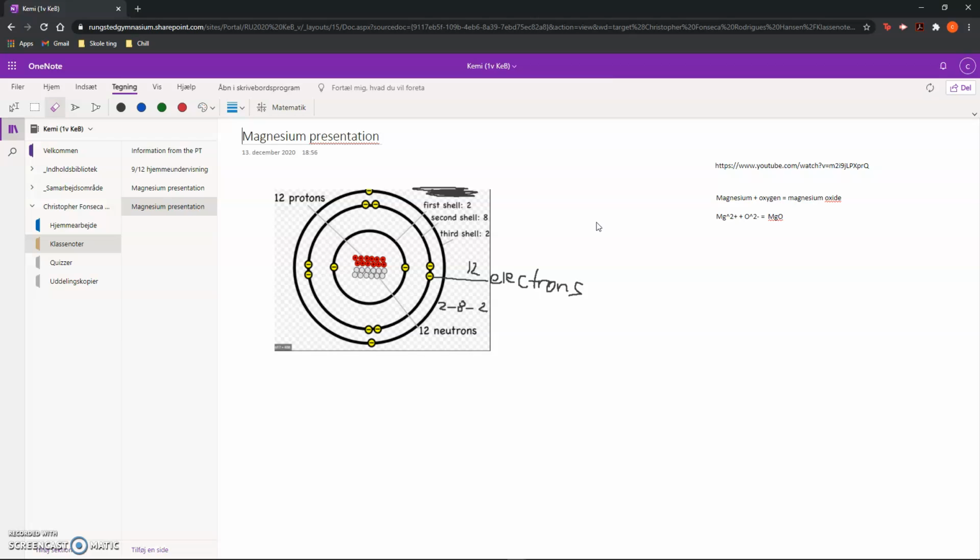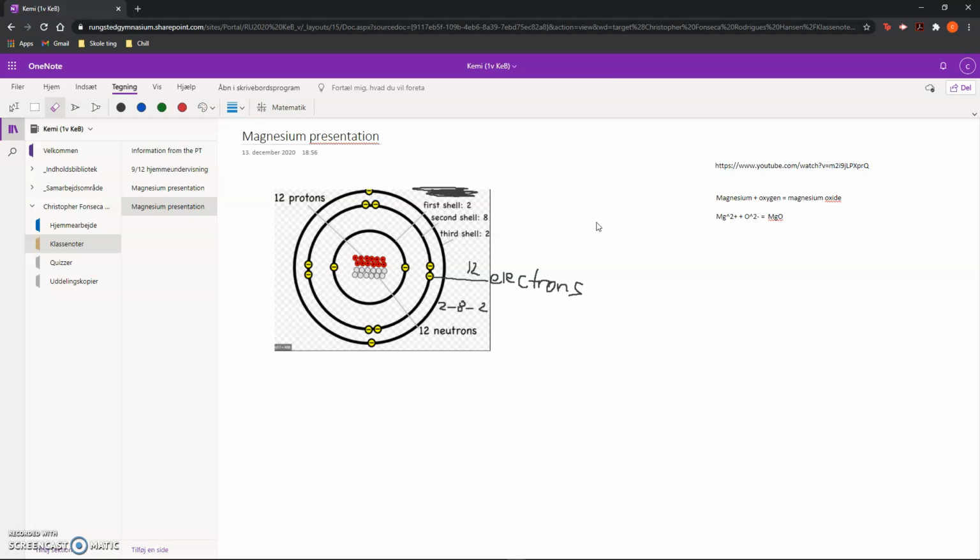So the element magnesium has 2 other isotopes. It has magnesium 24, which is the one itself because it's the atomic mass. Then it has magnesium 25 and 26. The difference between all these 3 is the number of neutrons.